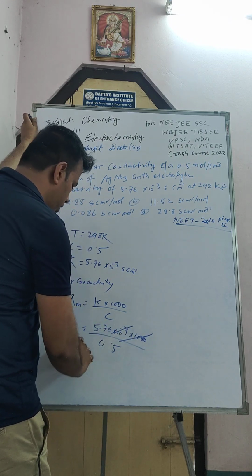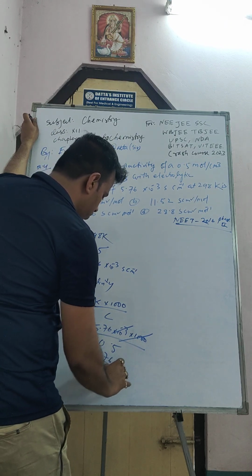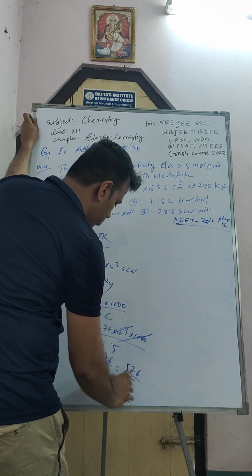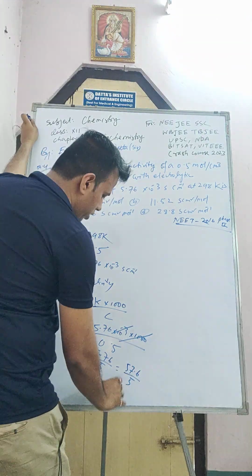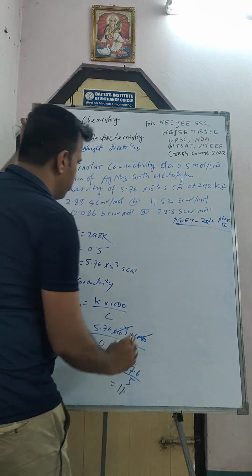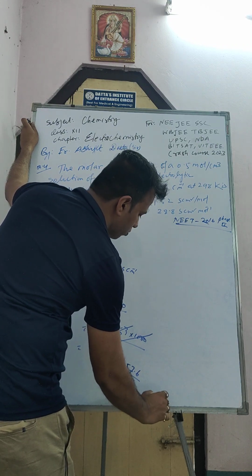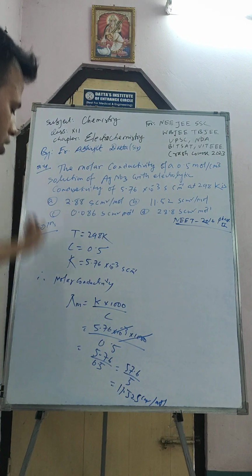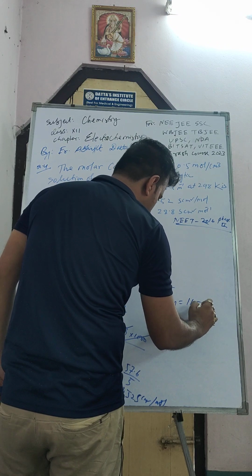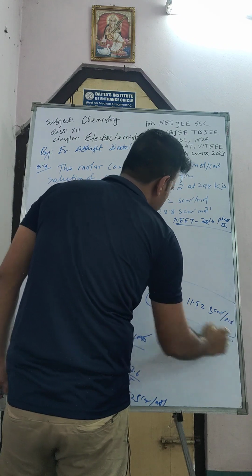If you cut this, 57.6 by 5, it will be 11.52 ohm minus 1 centimeter square mole minus 1. So lambda m equal to 11.52 ohm minus 1 centimeter square mole minus 1. This is the answer.